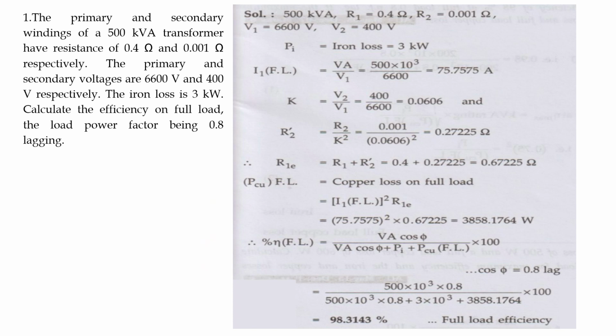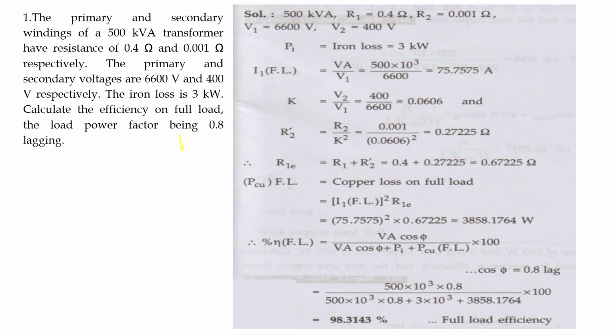Now we have the resistance value R1 and the winding resistance transferred from secondary to primary, that is R2 dash. The total resistance is nothing but R1 plus R2 dash. So by the way, we are calculating R1E, the total resistance.